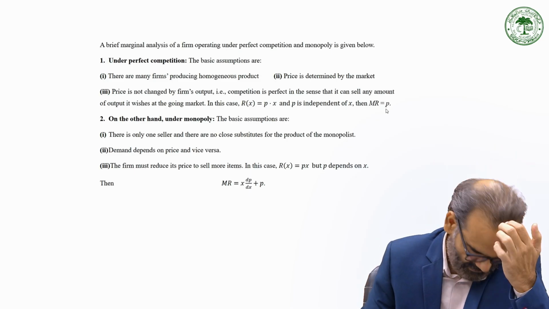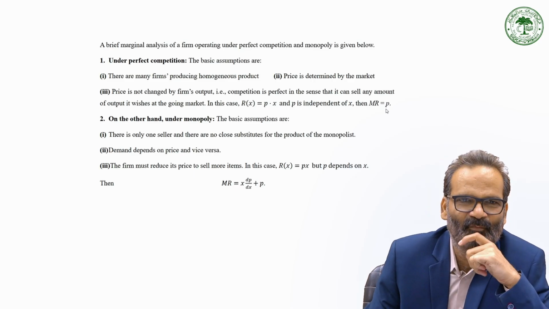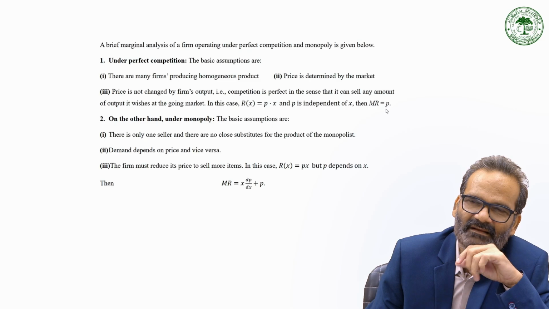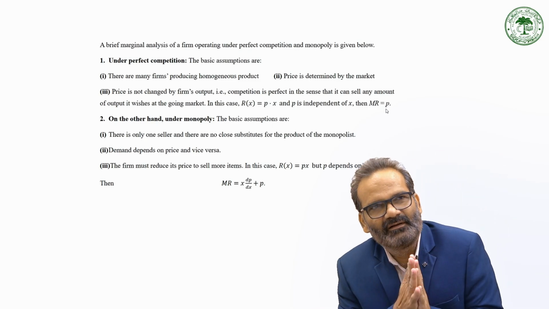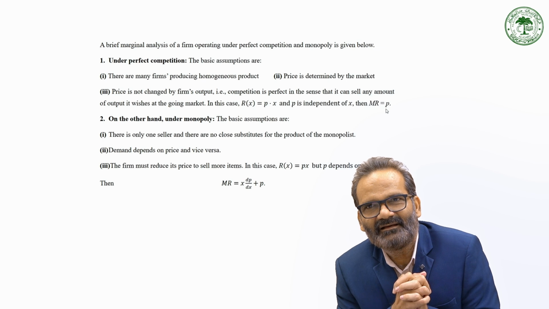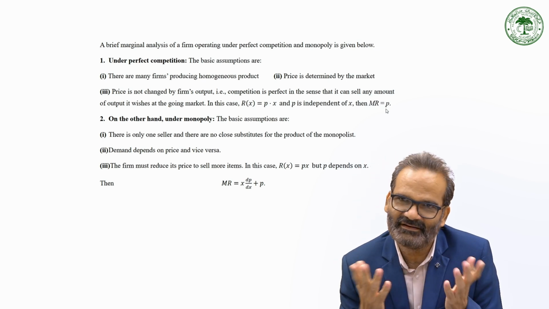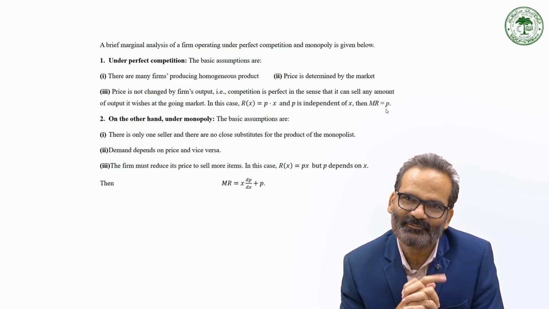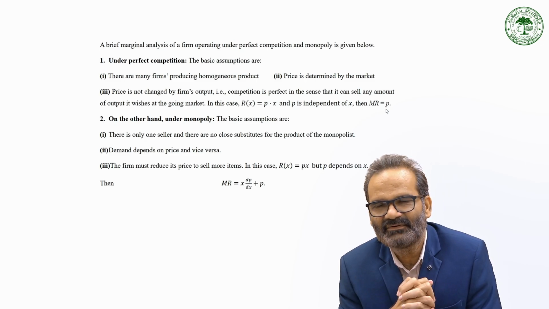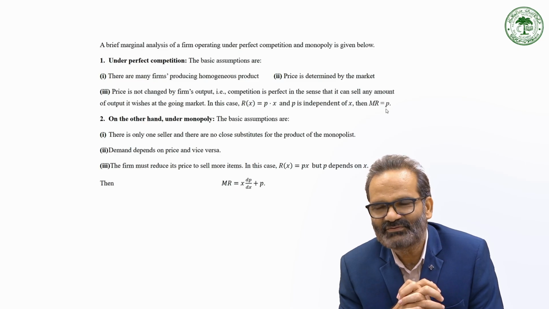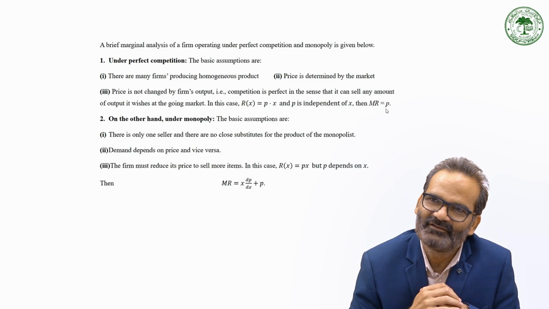Case 2 is the case of monopoly. What is the meaning of monopoly? Monopoly means there is only a single product available in the market, right? There is no other substitute. So naturally, if there is only a single product available in the market, like the railway, which is the best example of monopoly, then what will happen?